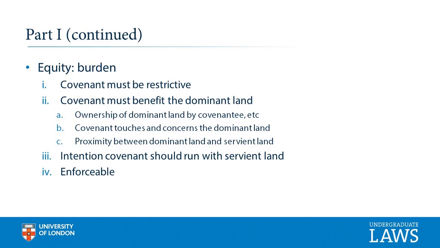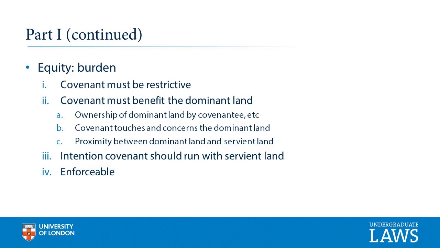A. The covenant benefits only the owner for the time being of the dominant land and ceases to be of any value to the owner if separated from the dominant land. B. The covenant affects the nature, quality, mode of user, or value of the dominant land.